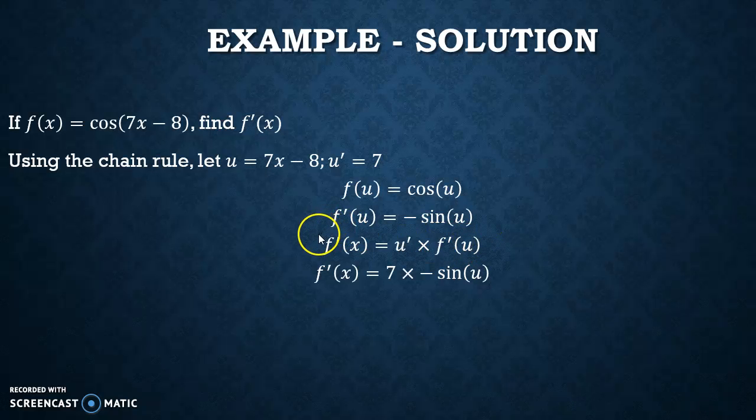That's just the chain rule there. That's all we're using. So we substitute 7 and sine u. And once we substitute u equals 7x minus 8, we find the derivative is negative 7 sine(7x minus 8). Okay, so whenever you see a bracket like that, when it's not just the x, we need to use the chain rule.